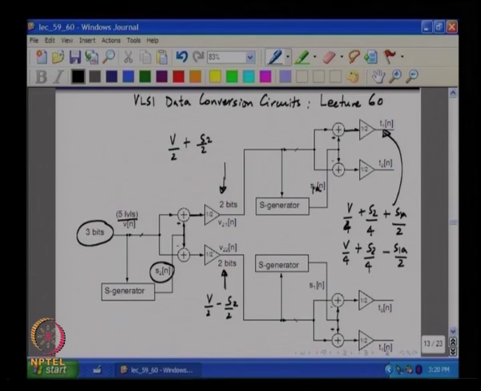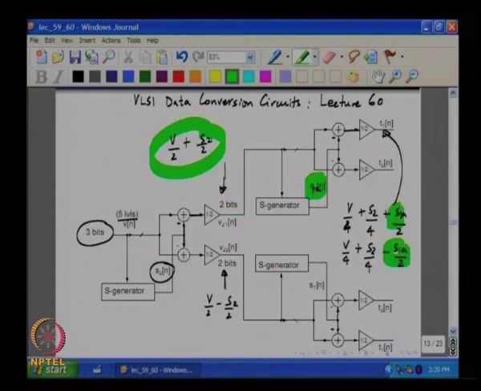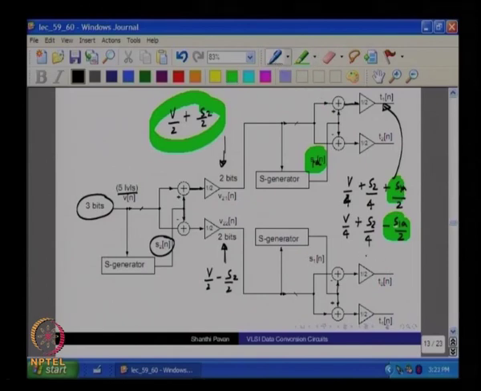The only difference is S1A by 2. Similarly here you will get V by 4 minus S2 by 4 plus minus S1B by 2.